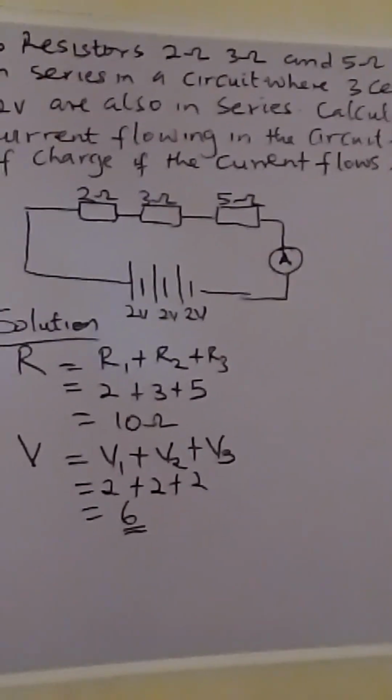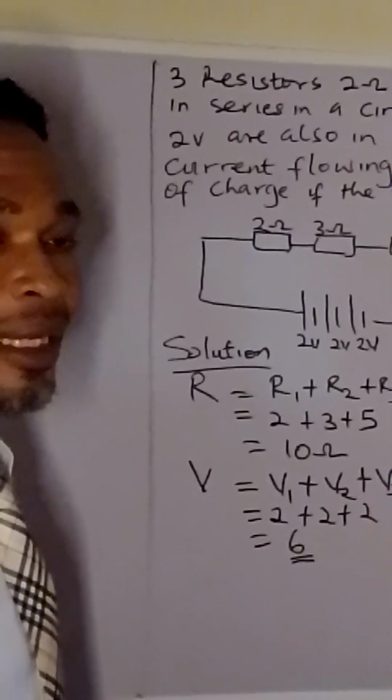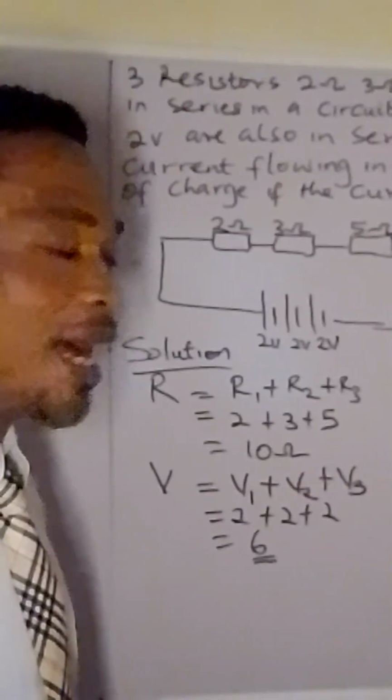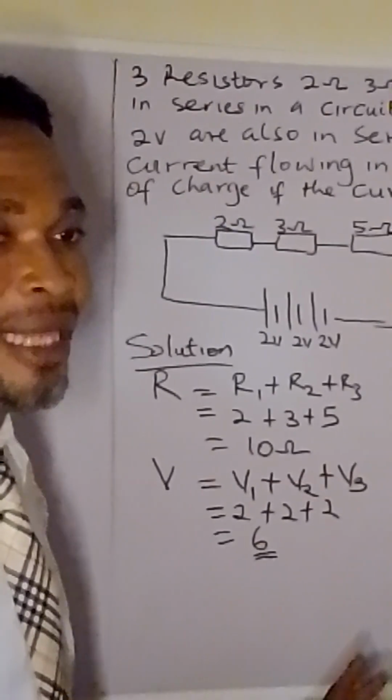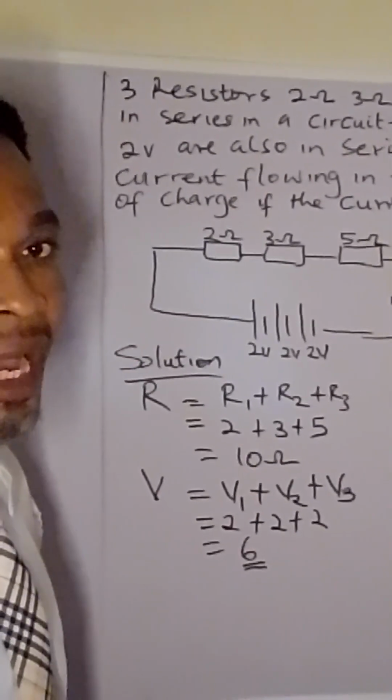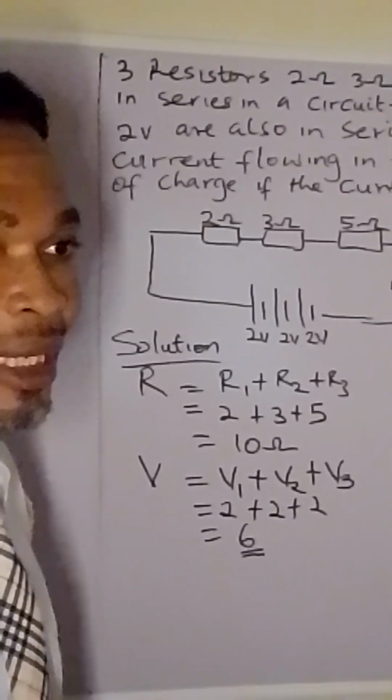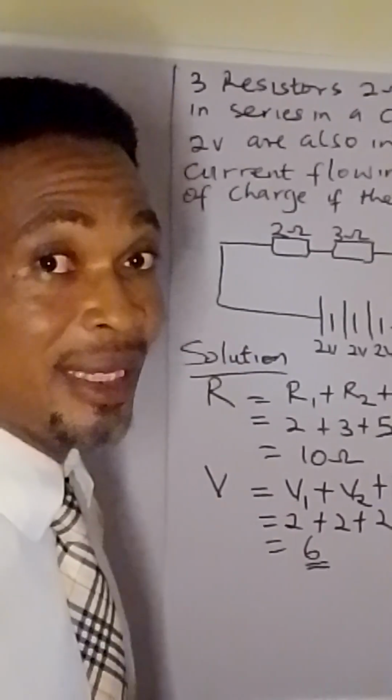We now recall Ohm's law that I mentioned initially. Ohm's law says that the potential difference is directly proportional to the current. And then we put the constant of proportionality, like you are solving direct variation.